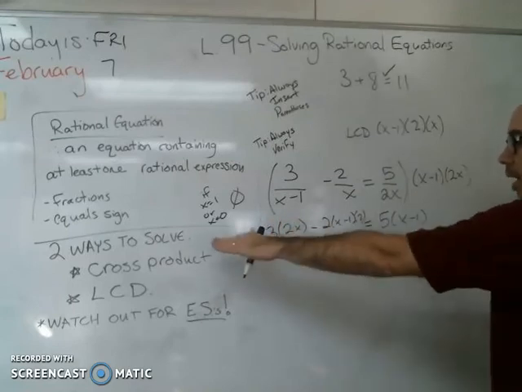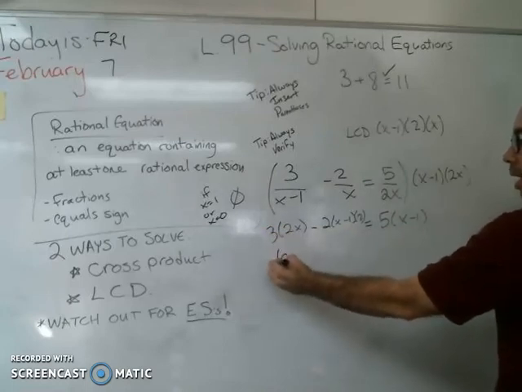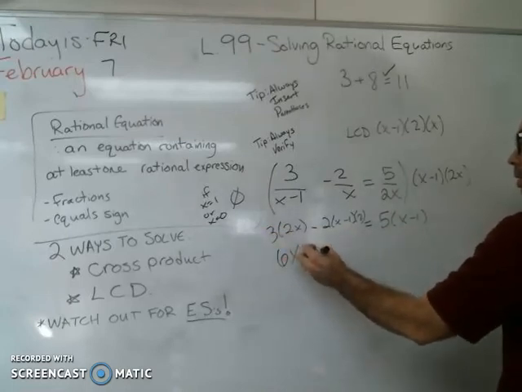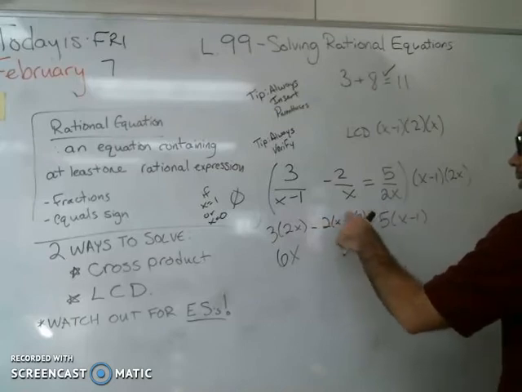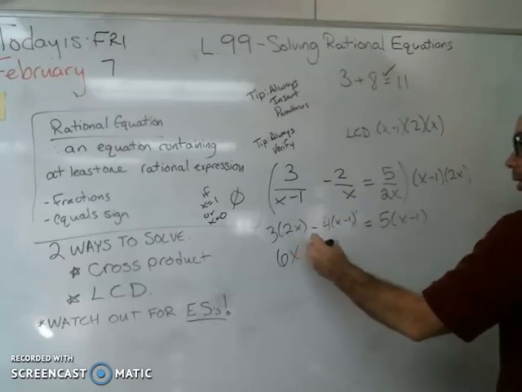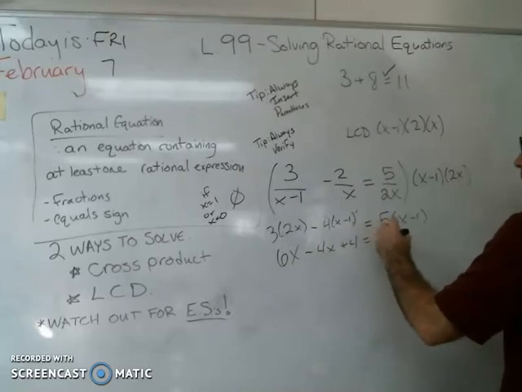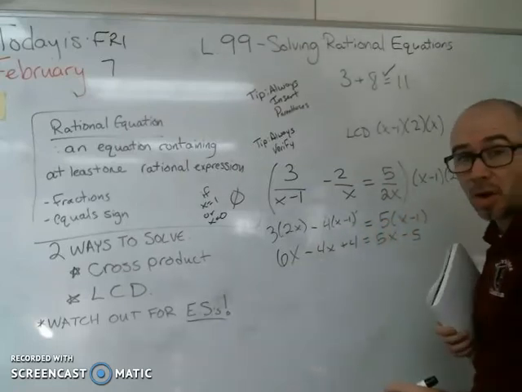But I have no denominators. And doing the math this way, 6x. And then I've got 2 times 2, a 4. I'm just going to move that over here. And now I've got negative 4x plus 4 equals 5x minus 5, and solve.